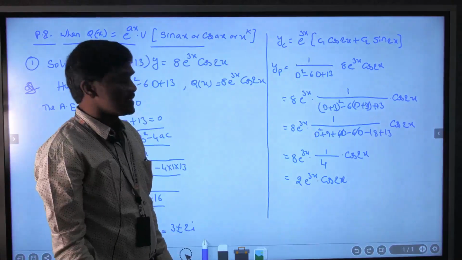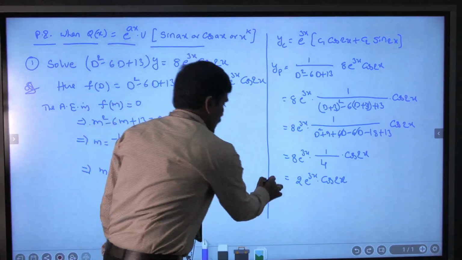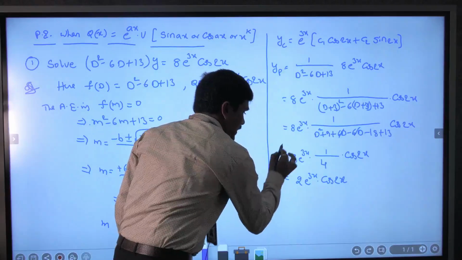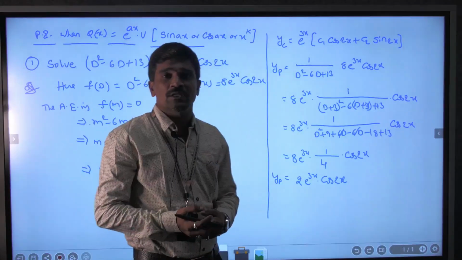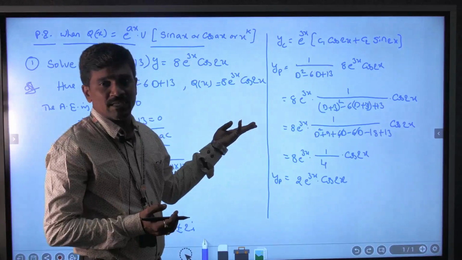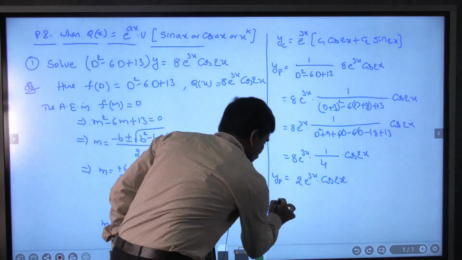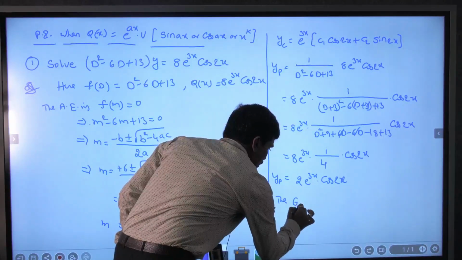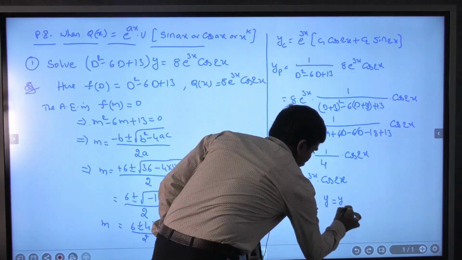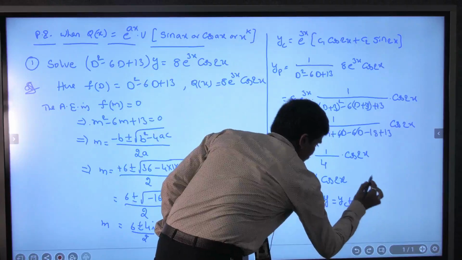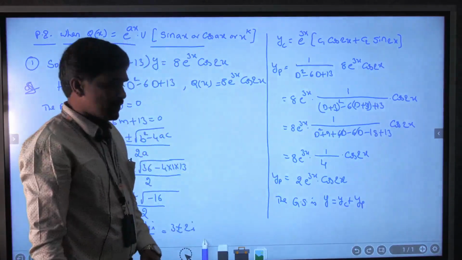So this is yp. Now after getting yp, the general solution is written as y is equal to yc plus yp. What is yc here?